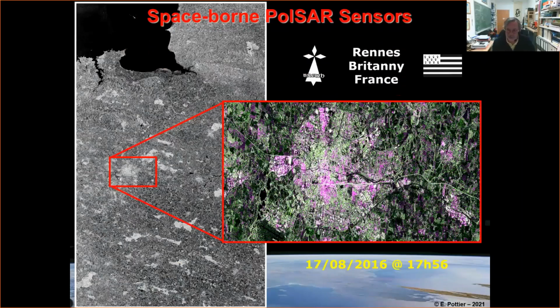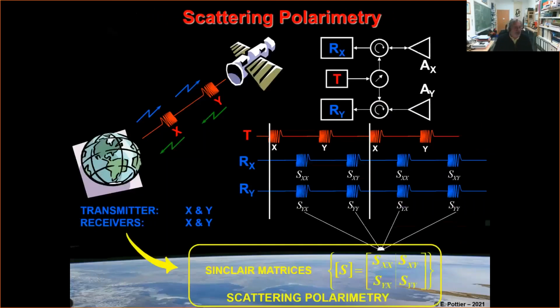Okay, it was just to illustrate, as I presented to you at the beginning, my home city in Brittany, Rennes. So now, what can I change to move from a dual-pol system to a fully polarimetric system?